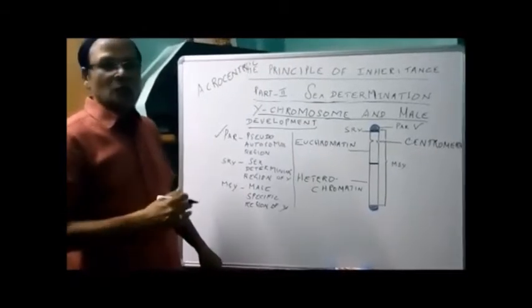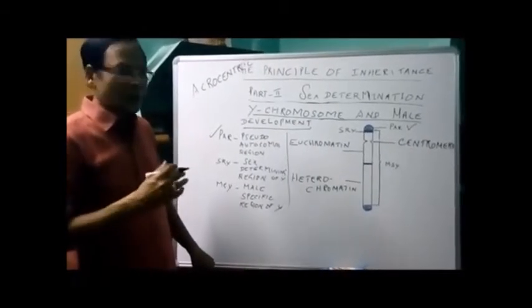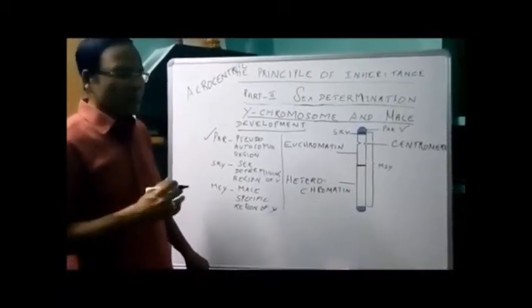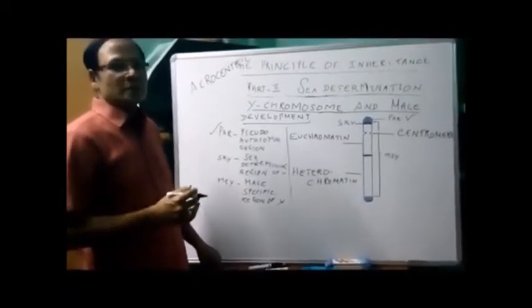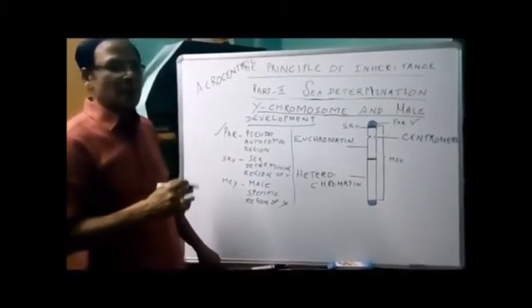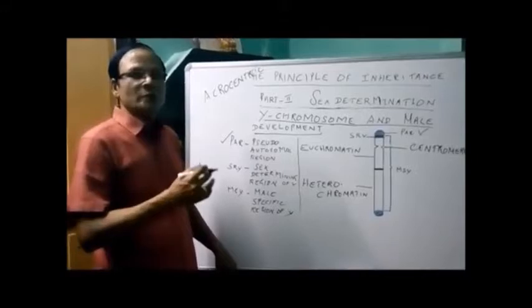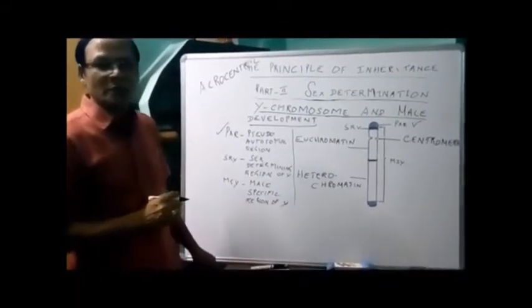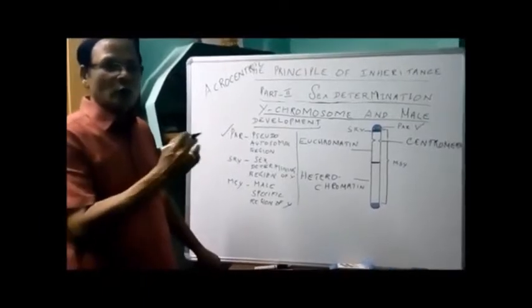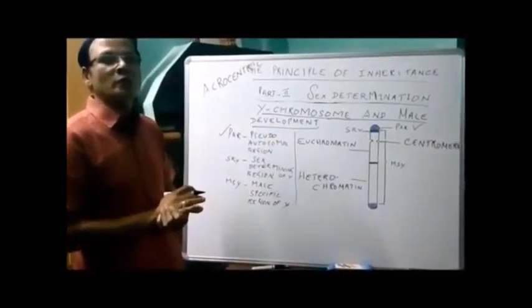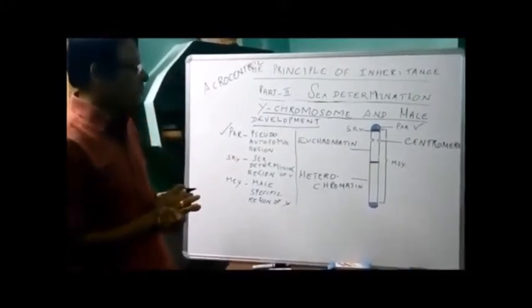During meiosis, this region pairs, synapses, and then recombines. Exchange of chromosomal material occurs between X and Y chromosomes in these two regions. That means crossing over occurs between these two regions.